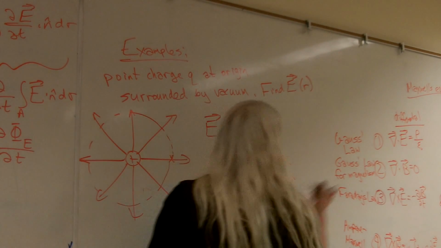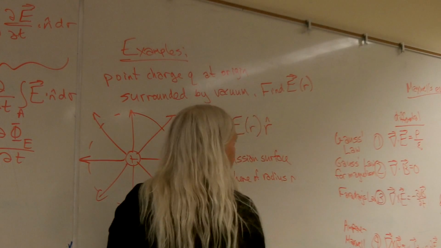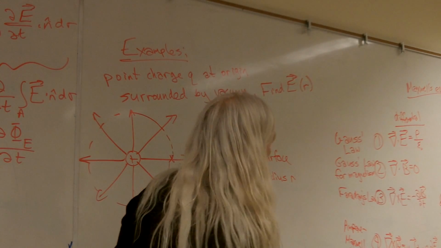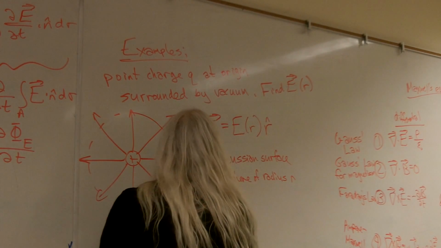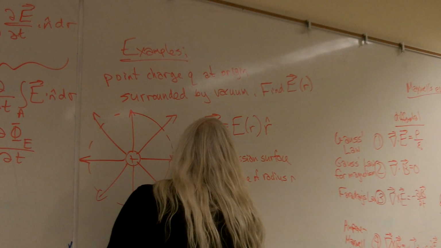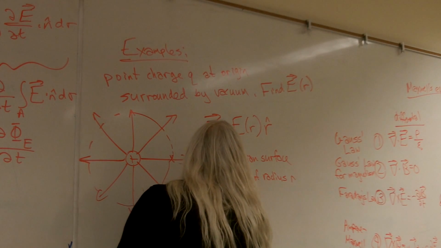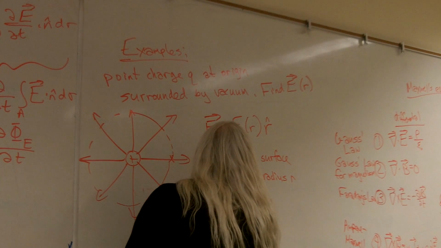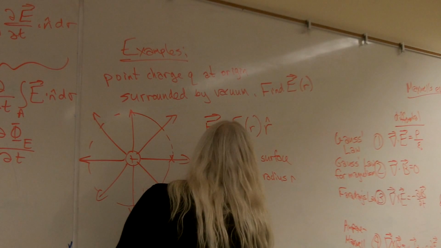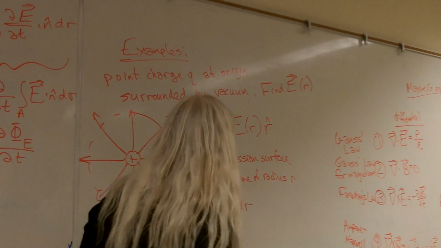So anyway, Gauss's law, and it's usually easiest to use the integral form when you're doing calculations like this. So, the integral of E dot n hat d sigma integrated over this surface S, this Gaussian surface.